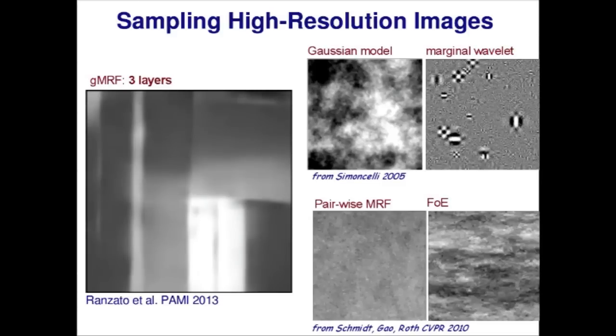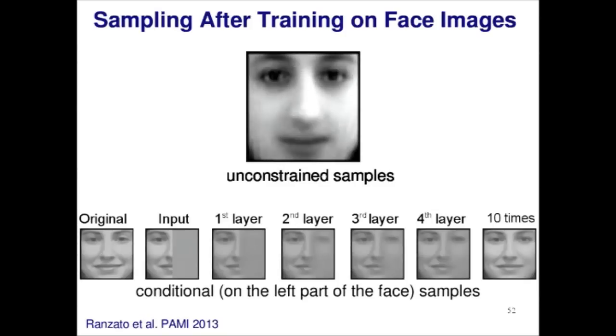We can apply the same thing also to face images, for instance. And on the top, you see, after I train on face images that were registered by the eyes, the Markov chain Monte Carlo sampler in action. So every frame is taken 100 steps away from the previous one.